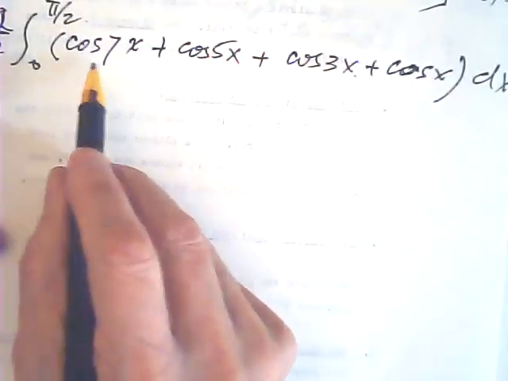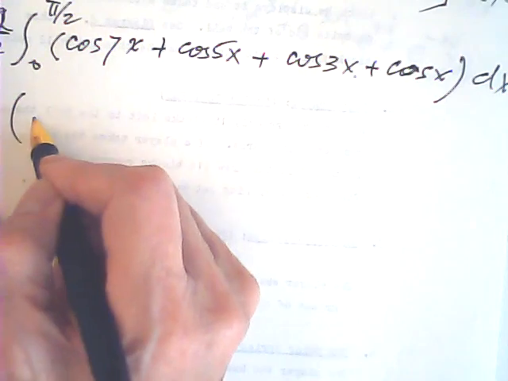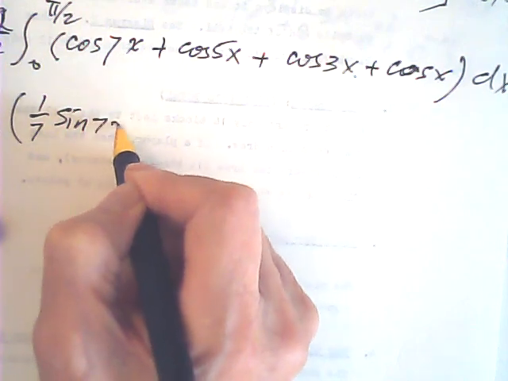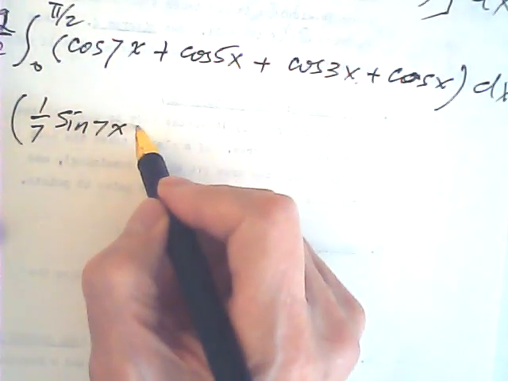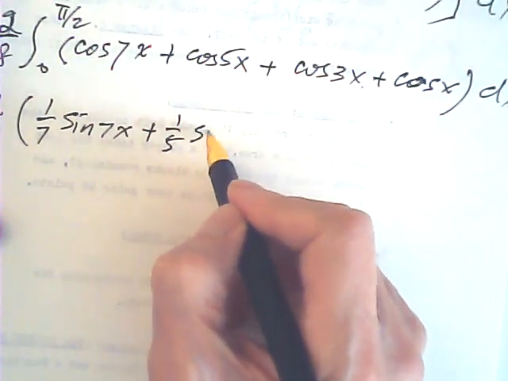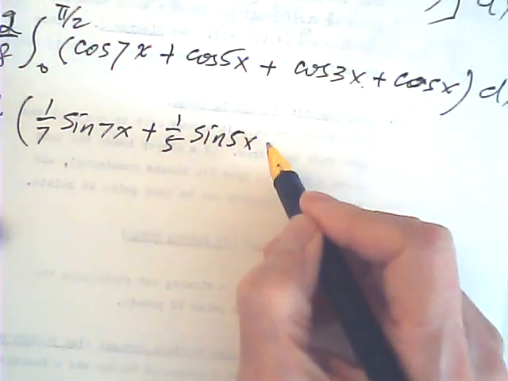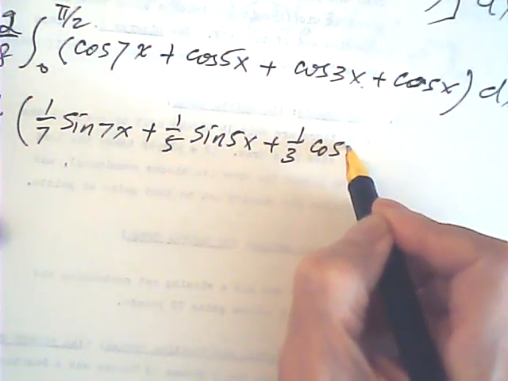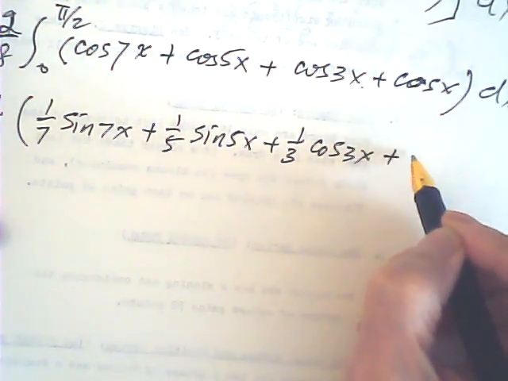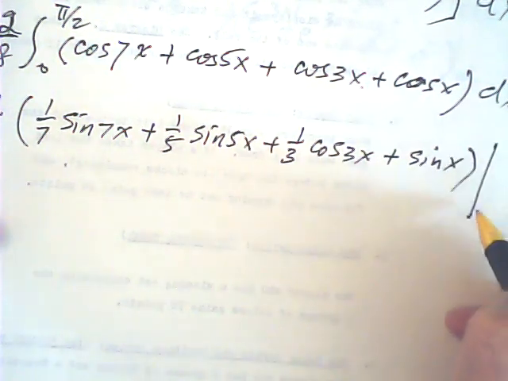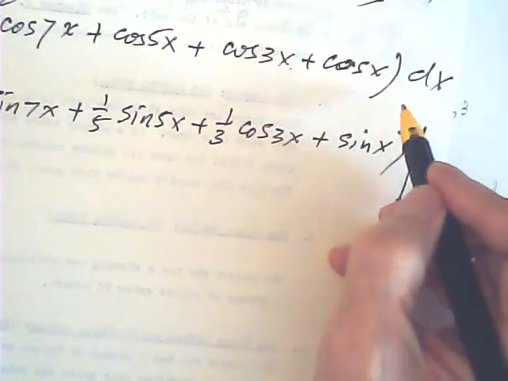Well, this integral is easier, right? It is equal to 1/7 sine 7x plus 1/5 sine 5x plus 1/3 sine 3x plus sine x, from 0 to half pi.